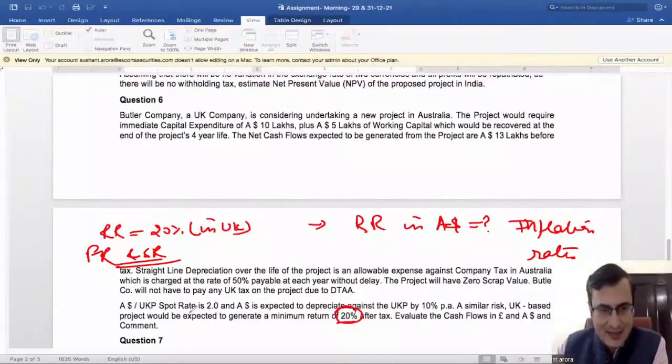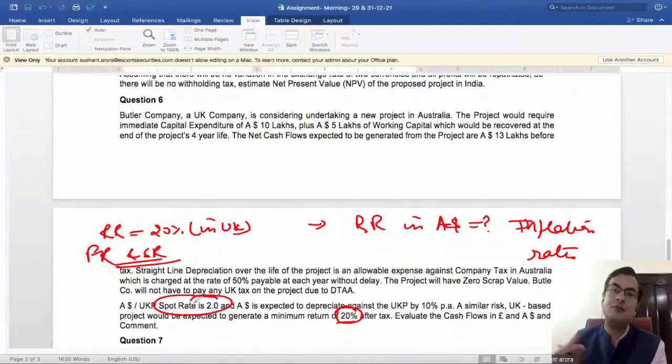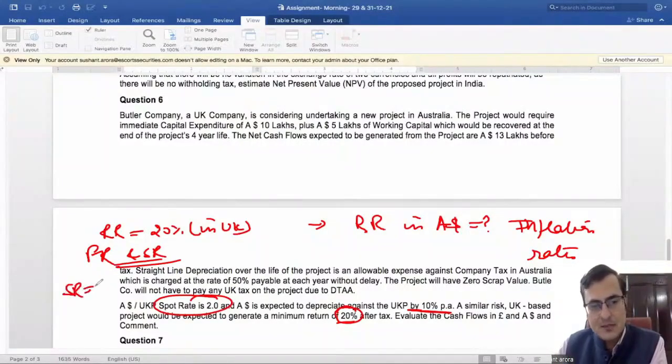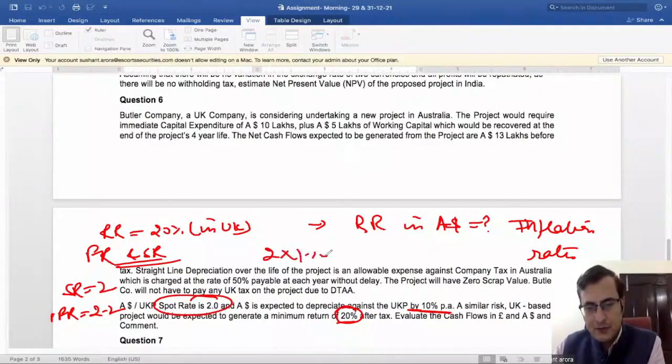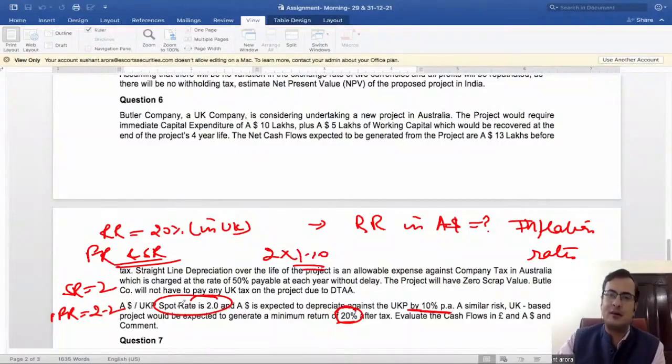Spot rate we can see, but where is the forward rate? A forward rate is given to you: it is expected to depreciate against the UK pound. So SR becomes 2 and FR becomes 2.2. How? 2 into 1.10. So 2.2 becomes your FR. Is it clear or not?